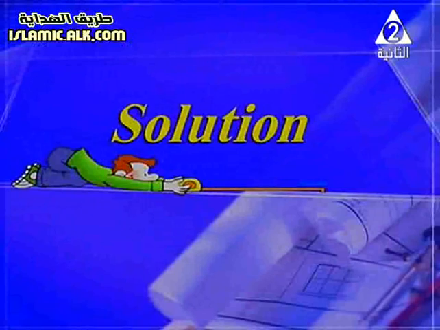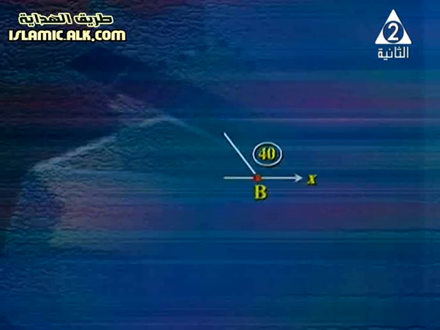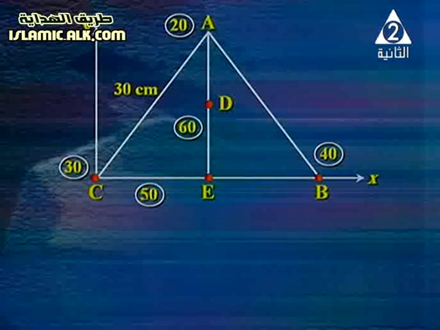Solution. Look at it, dear student, let Cx, Cy be two perpendicular directions and C is the origin as in the figure. We have ABC, an equilateral triangle, each side length 30 centimeter, D the point of intersection of the medians. Remember, the center of the median divides the median in the ratio 2 to 1 from the vertex, 1 to 2 from the base.